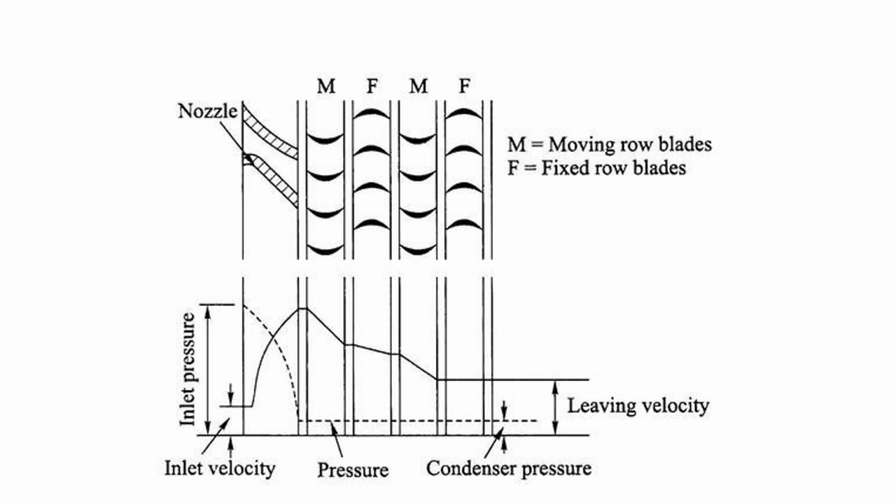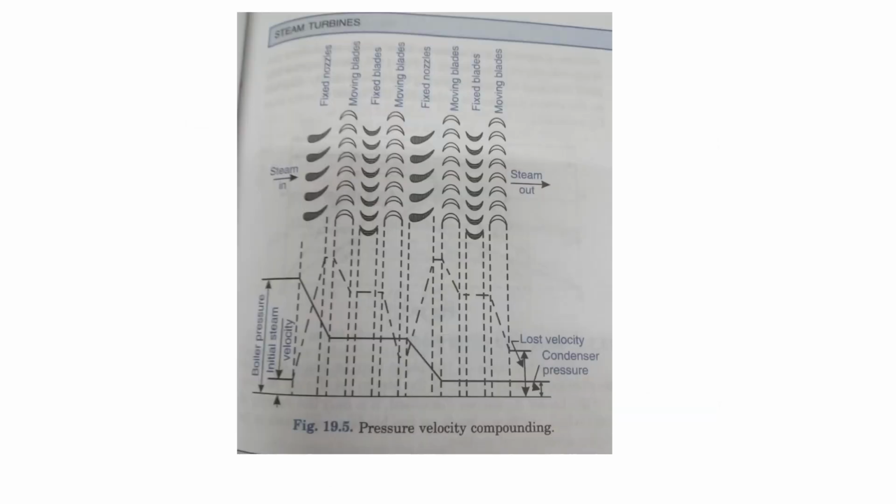This is pressure-velocity compounding. Both are happening simultaneously. This diagram shows the pressure-velocity compounding: fixed nozzle, moving blade, fixed blade, moving blade, fixed nozzle, moving blade, fixed blade, and moving blade. This is two-stage pressure-velocity compounding.